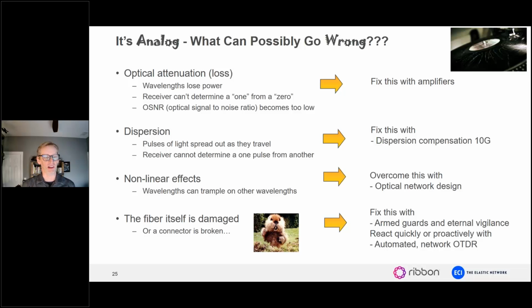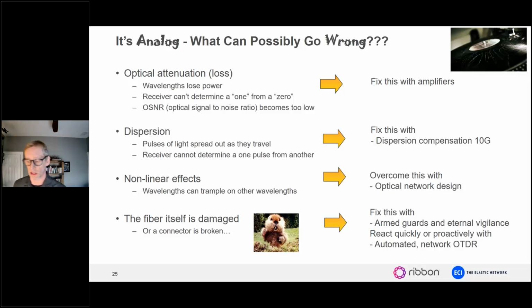Lots of things. The first thing that goes wrong, and probably the thing you need to think about the most, is optical attenuation or loss. These wavelengths, when they're shooting down that really clear piece of glass fiber, do lose power as they travel down the fiber. And when they lose a sufficient amount of power, the receiver can no longer determine a 1 from a 0.